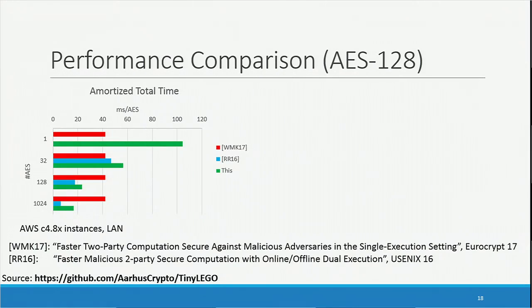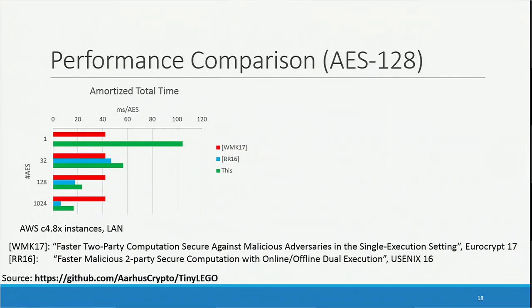This is because there are not enough gates in this AES circuit to get the amortization. As we increase the number of AES circuits, our scheme becomes better and better because there are more gates, and we can't beat the Rindal-Rosulek scheme when we consider many AES, but we get fairly close.